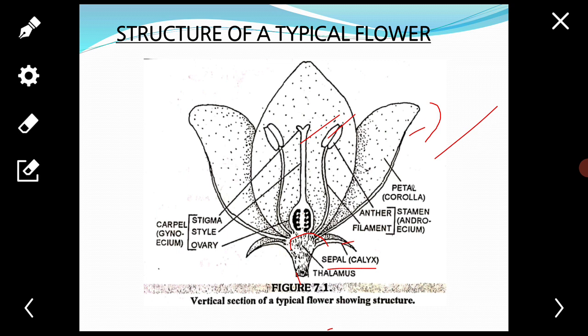So now, students, we start from the first whorl along with its function. That is the calyx. The calyx is the outermost whorl of floral leaves. The individual leaf segment of calyx is called the sepal.